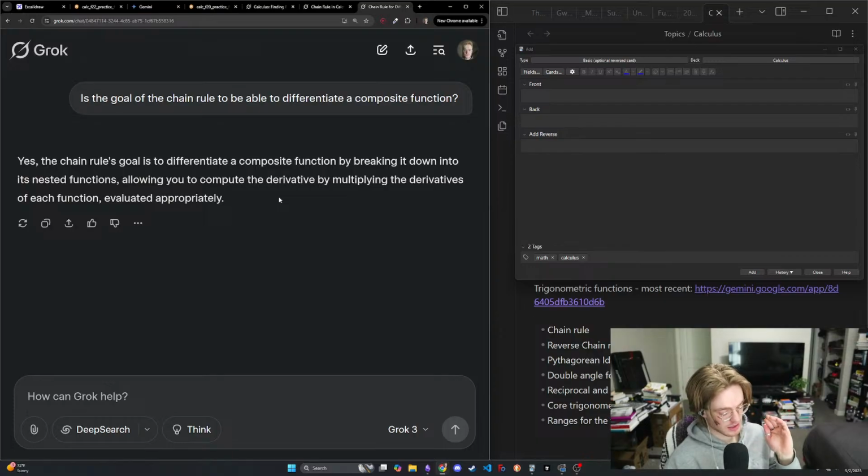Well, it's actually in part because of the inverse nature of these functions, but it's because the chain rule works for differentiating a complex function.